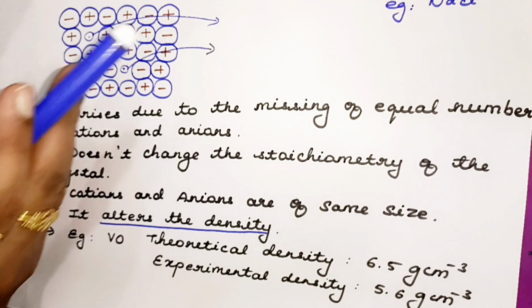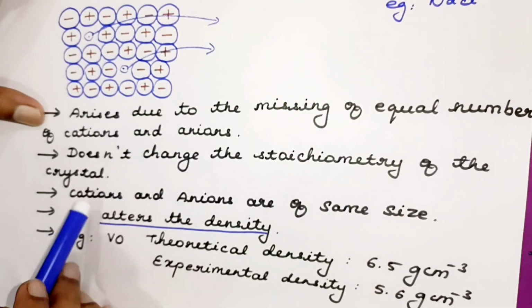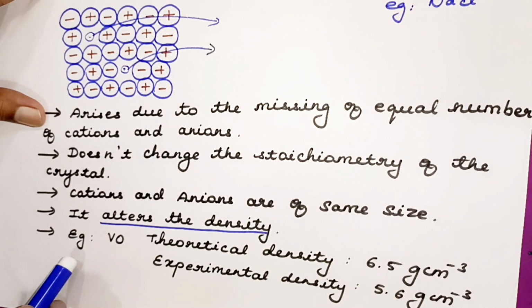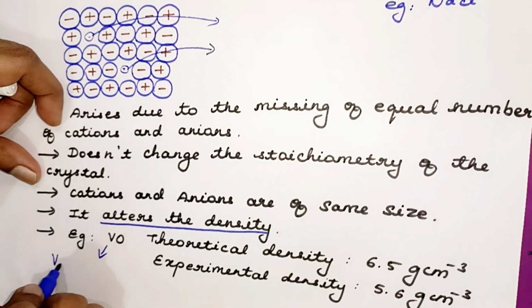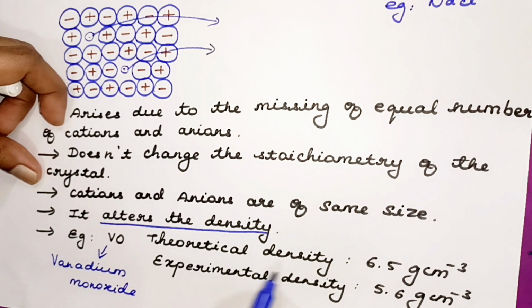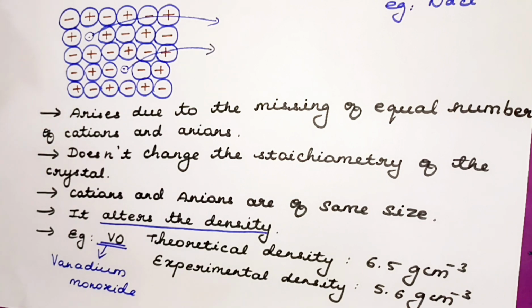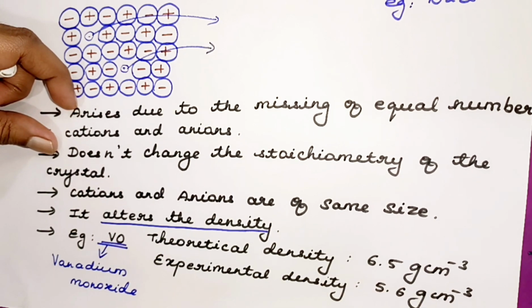So this type of defect happens most probably in ionic solids, in which the cations and anions are of the same size. Another example we can give is vanadium monoxide. What does VO mean? Vanadium monoxide. In this case, the theoretical density of vanadium monoxide, theoretical meaning an overall calculation we have taken, would be around 6.5 gram per centimeter cube.